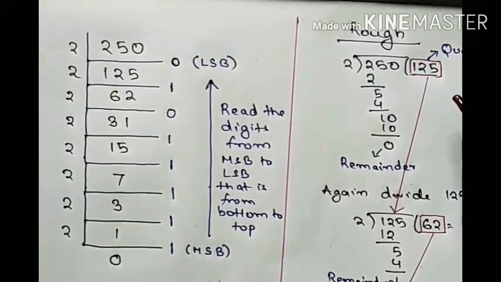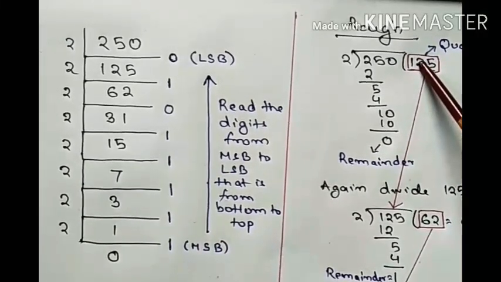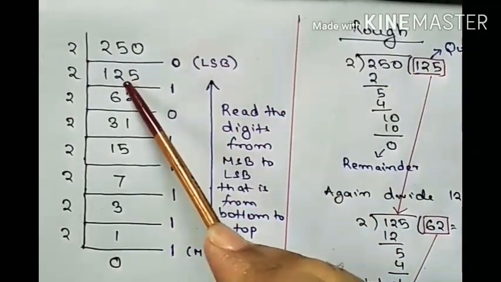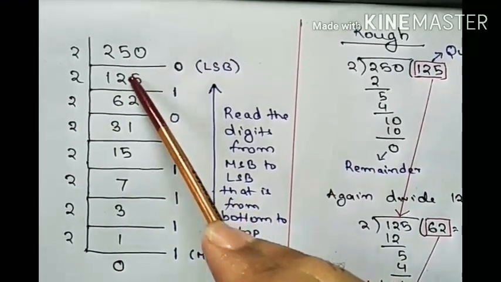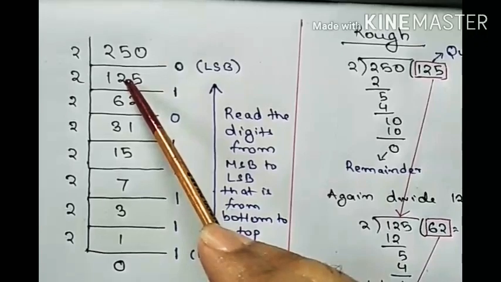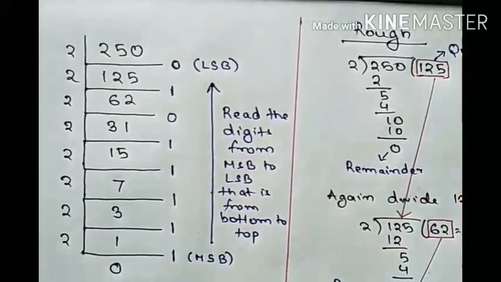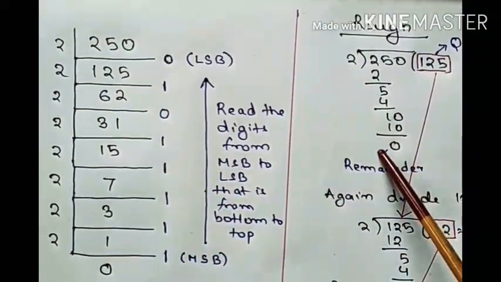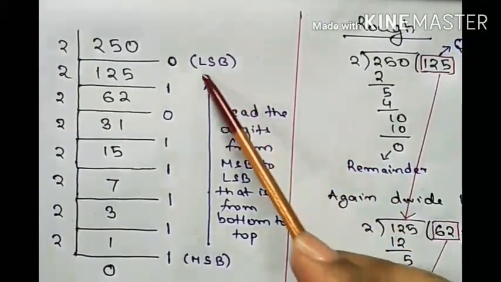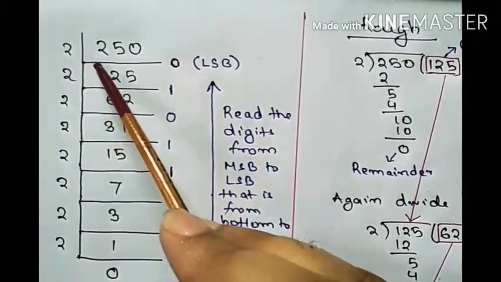Now the rule is to put this quotient below the original number. Just below the original number we put the quotient, and this remainder we put here, following this line.